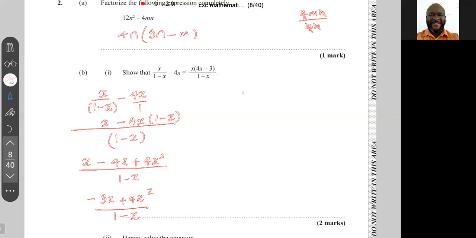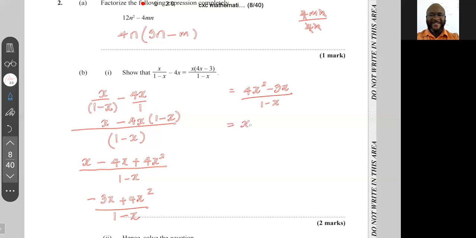I'm going to put the 4x squared in the front. So 4x squared minus 3x is the same thing. All I did was to put the 4x squared in the front, over 1 minus x. In the numerator, x is common.